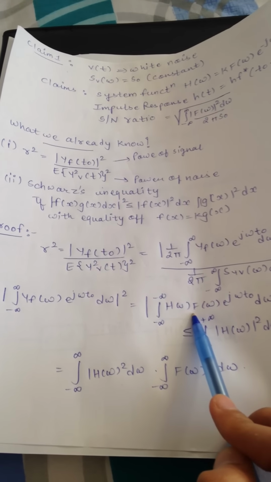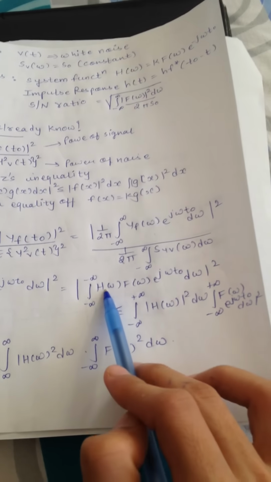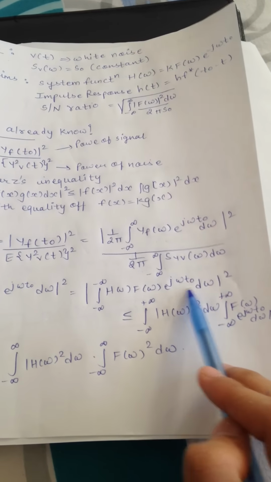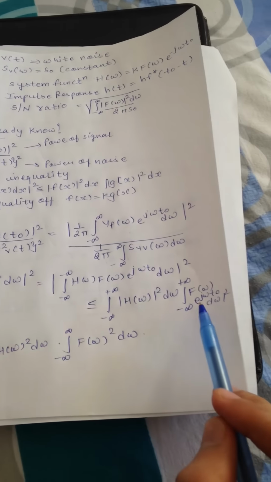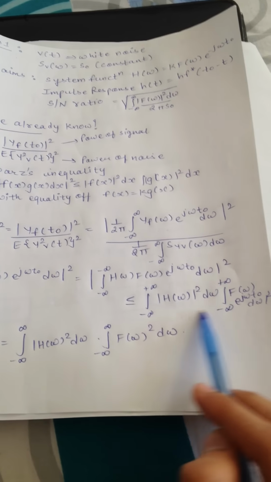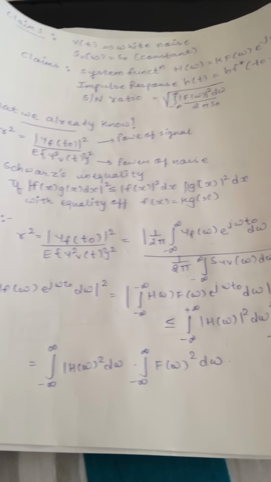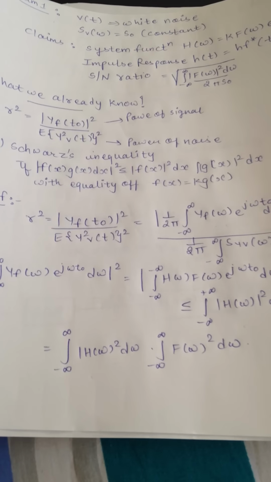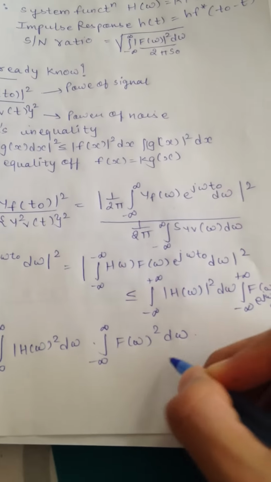Now, according to the Schwarz inequality, this term is less than H(w) whole square into this term, which is equal to 1. Hence this term can be reduced to only H(w) whole square into F(w) whole square, and also we need to add the limits, the integration from minus infinity to infinity. So this we mark as 1.